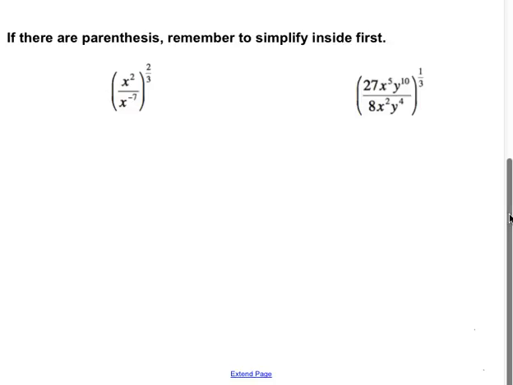So in the first one, x squared divided by x to the -7, all to the 2/3 power. Here you want to clean up the inside of the parentheses first. X squared divided by x to the -7. Well, we're dividing, which means that we're subtracting exponents. 2 minus a -7.